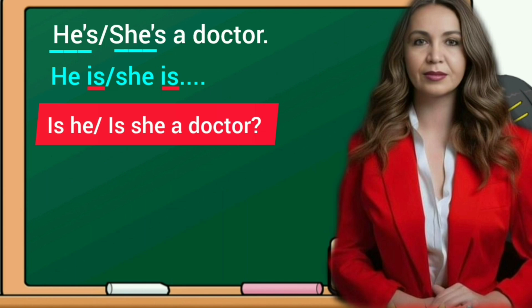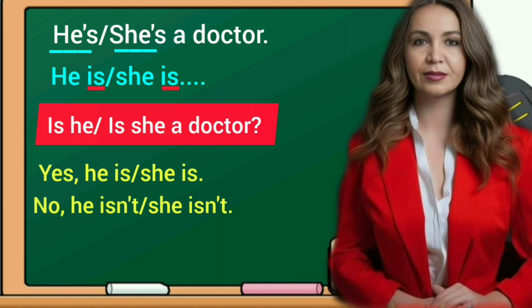There are several possible answers to this question. You can say, yes, he is. Yes, she is. And for a negative answer, you can say, no, he isn't. No, she isn't. And remember, isn't is a contraction of is not.